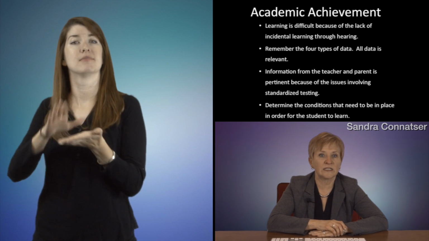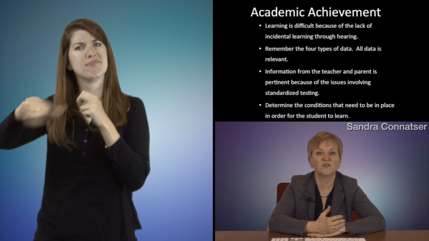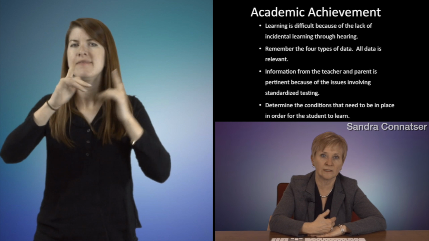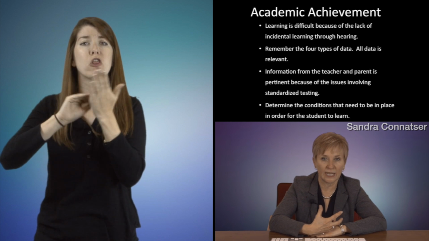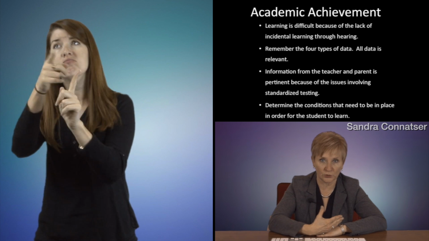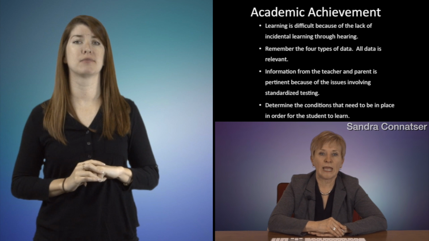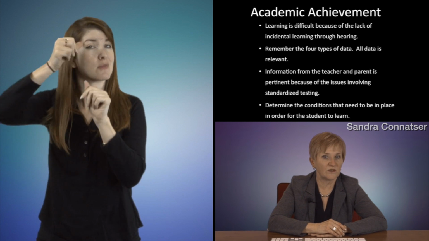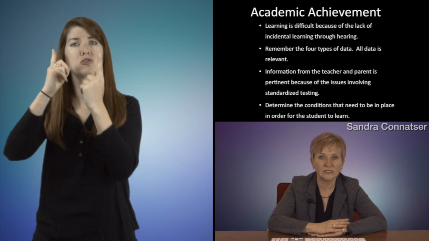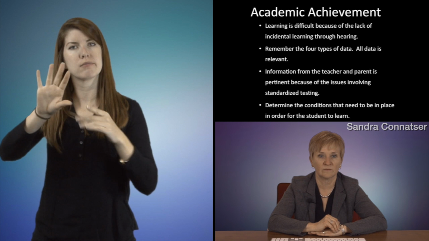In the area of academic achievement, we know that learning is difficult because students who are deaf or hard of hearing have had a lack of incidental learning through hearing. And we know that most students have learned language through incidental learning and incidental hearing. Remember that there are 4 types of data that can be used to determine academic achievement. All of the data is relevant to where your child is performing.